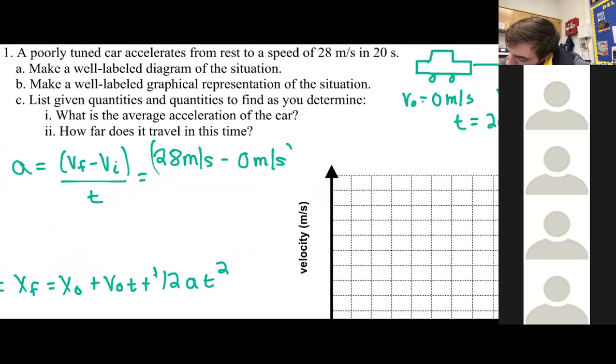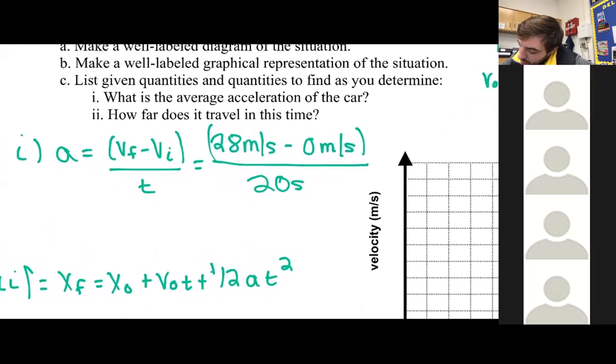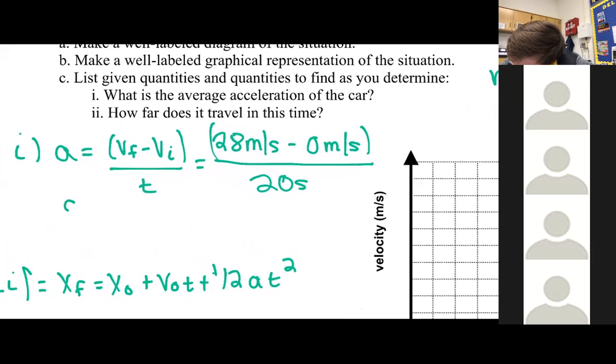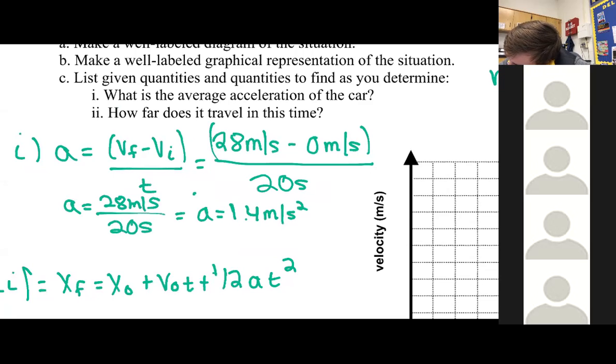Initial velocity, 0 meters per second. 20 seconds. Gives us 28 meters per second divided by 20 seconds. And I believe that is an acceleration of 1.4 meters per second squared.